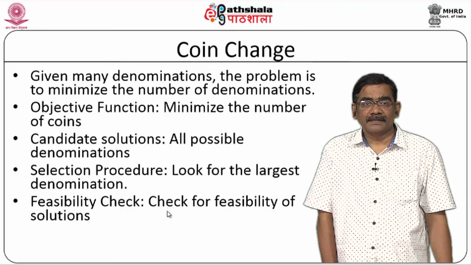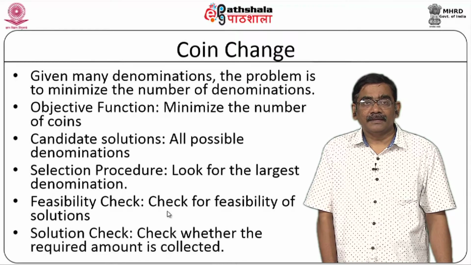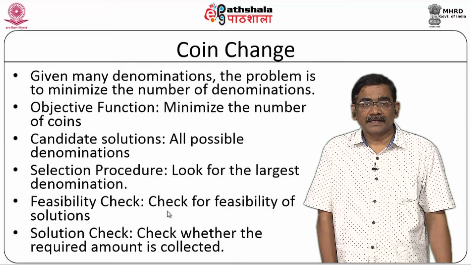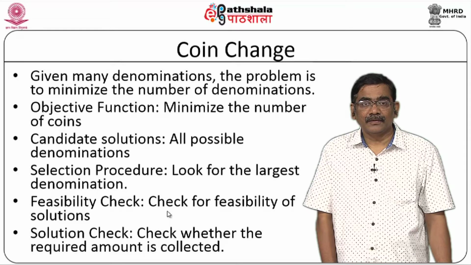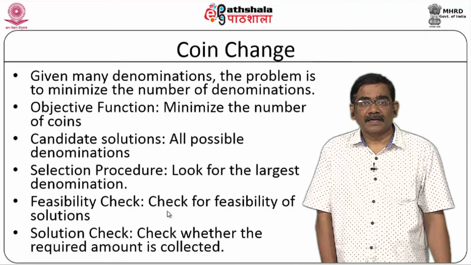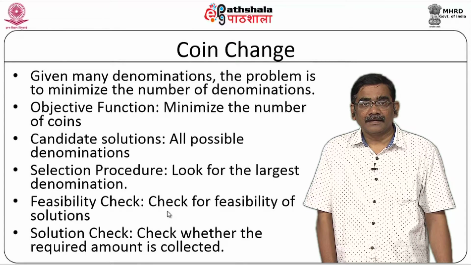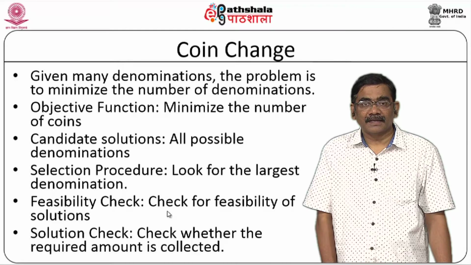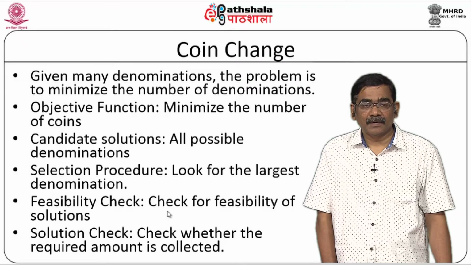That represents the feasibility check, and once a coin satisfies it, I keep on adding that into the solution set, and finally, I will check whether the solution is obtained or not. If the solution, that is the required amount, is collected, then I am going to return that as the solution set, otherwise I will keep on adding the coins.